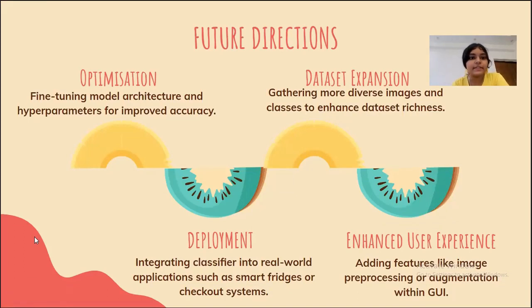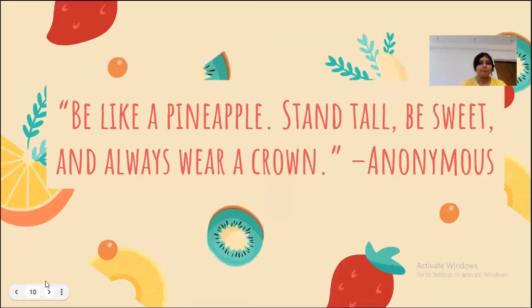And for future directions, I can optimize my model. I can fine tune it to get even more accuracy. And for data expansion, I can gather more diverse images and classes to enhance the data richness. I can deploy it in checkout systems and smart fridges, and I can also add features like image preprocessing or augmentation within the GUI.